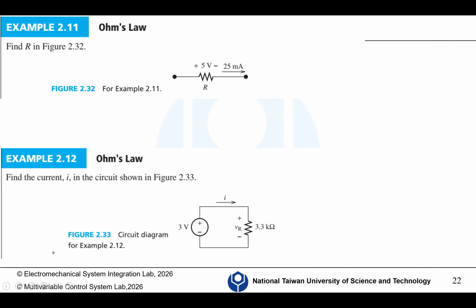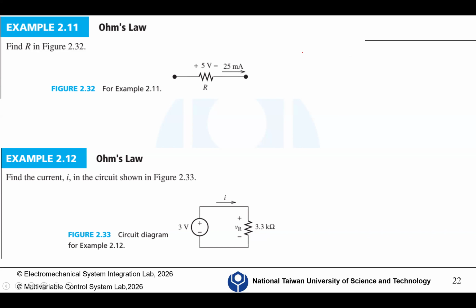On the next page, there are two examples. In example 2.11, we have a resistor, and we already know that the voltage across this resistor is 5 volts. Because it's a resistor, the current flows into the positive terminal and out from the negative terminal. The current flowing through the resistor is 25 milliamperes.